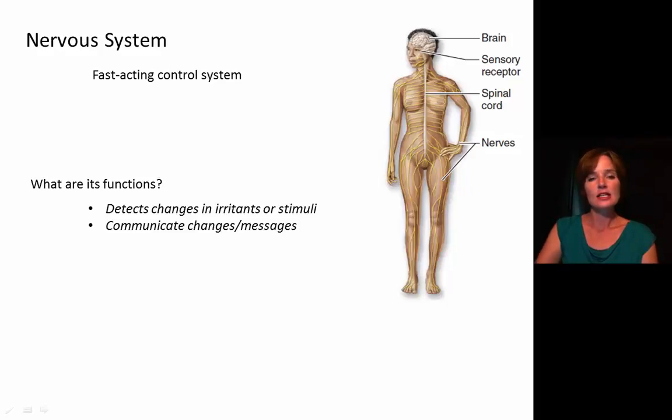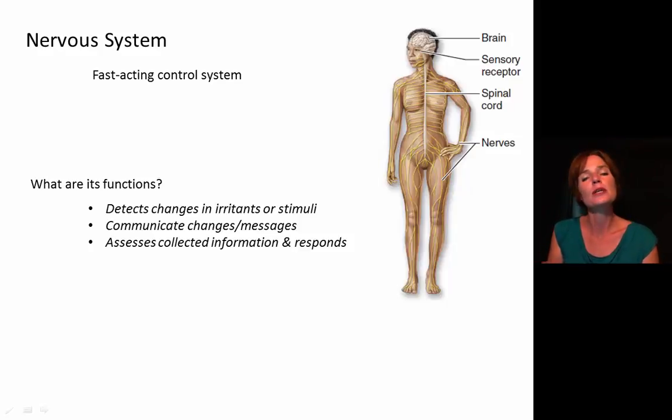Another thing that it does is communicate those changes that it detects, or send messages to other areas. And in the end, it is going to be assessing the messages that it's collected, and then it's going to respond in some way to those messages. That's our fast-acting control system.